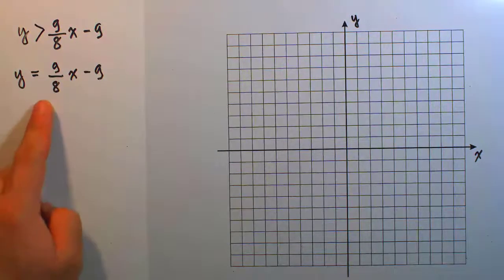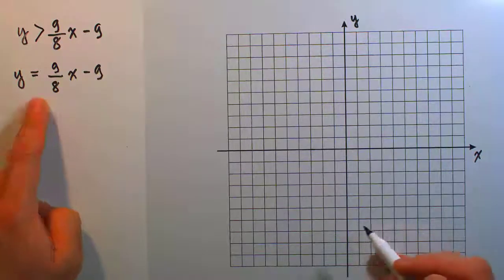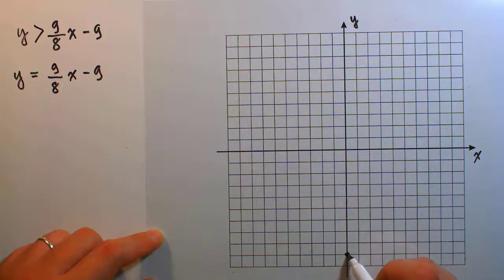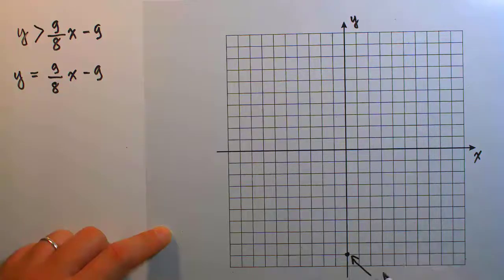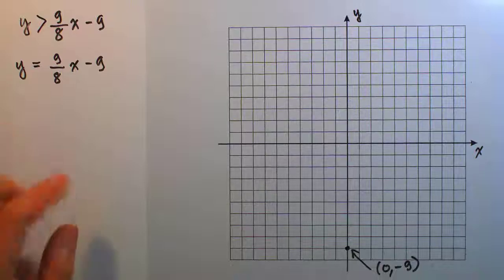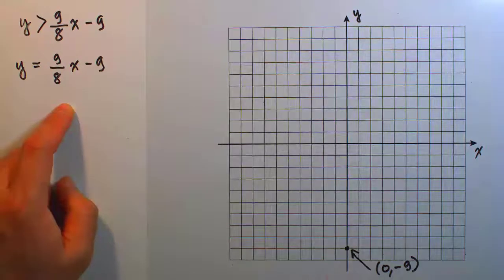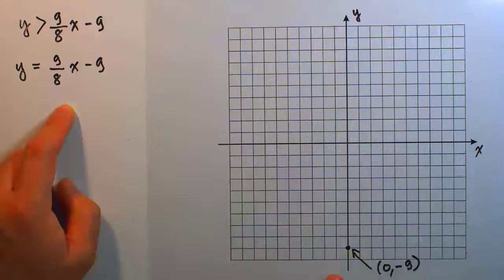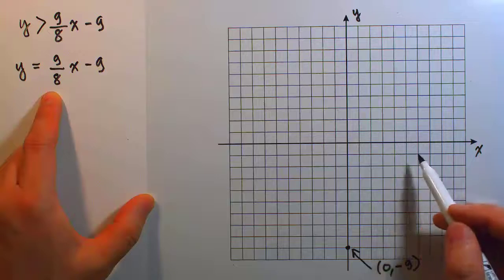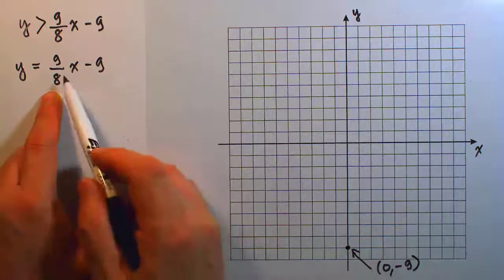So in this y-intercept form of our line equation, negative 9 is at the bottom here. We have a point there, and that point is going to be coordinated at 0 for x, negative 9 for y. Once we have the y-intercept nailed down on our y-axis, the next step is to drop a second point so that it makes a slope of positive 9 over 8.